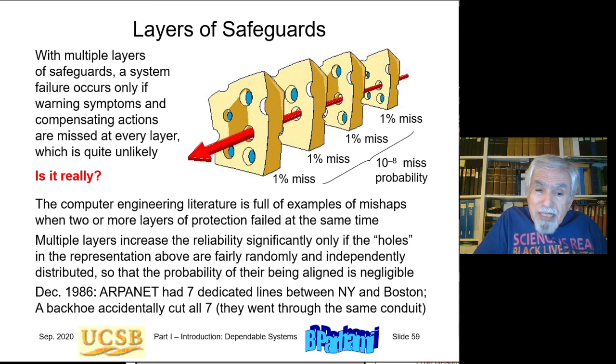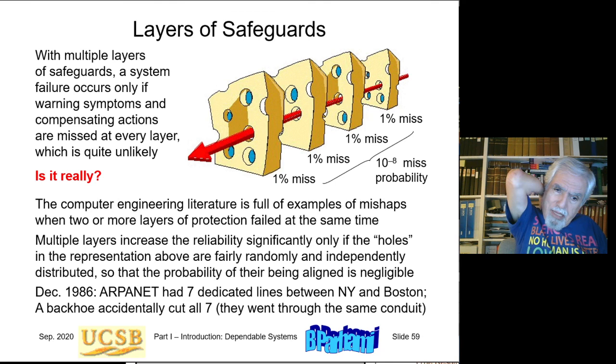So a very good example at the bottom of this slide is this situation. It's an old one from 1986. Before the internet, there was something called ARPANET, a precursor to the internet. This ARPANET connected various centers to each other, and people could send files and emails and stuff like that to each other.